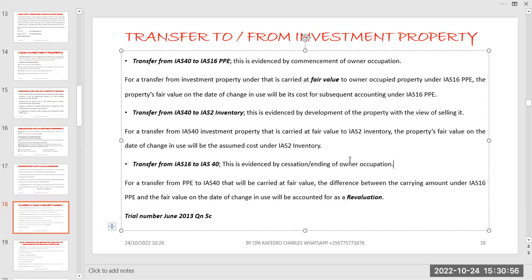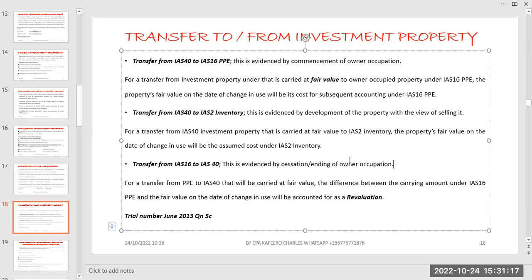What this basically means is that when you are transferring items of PPE to IS40, we transfer them at the revalued amount, because the revalued amount is reflecting the fair value.